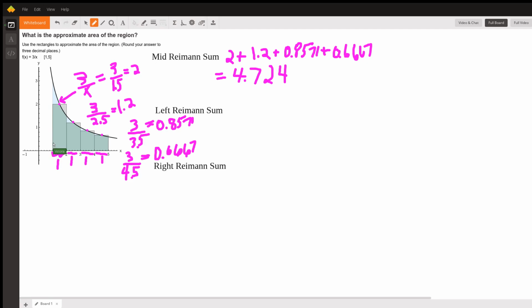This rectangle, if we go up the left side and quit at the function, is actually that tall. It still has a width of 1, but the height now, we're going up the left edge here, is 3 over 1, which is 3.